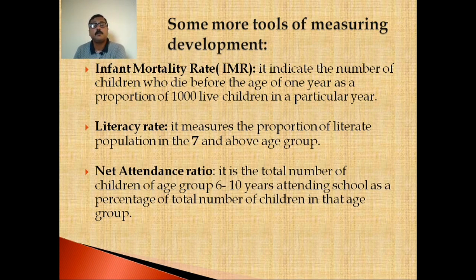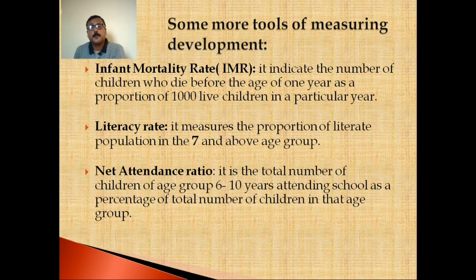Higher the infant mortality rate, lower is the level of development, because the number of children dying within the age of 1 year does show that medical facilities of that country are not up to the mark. So that is why a higher level of IMR will be indicative of the fact that the country is not developed.